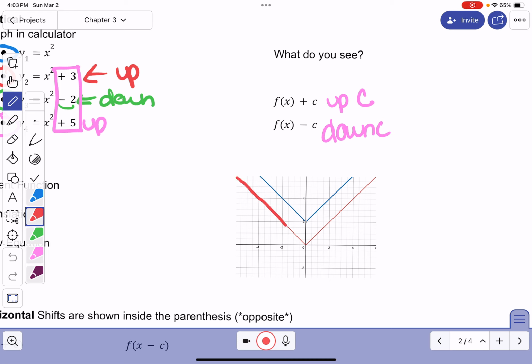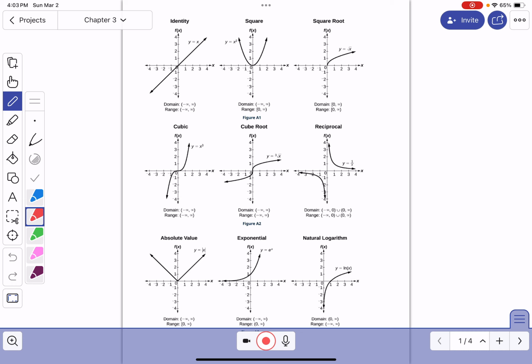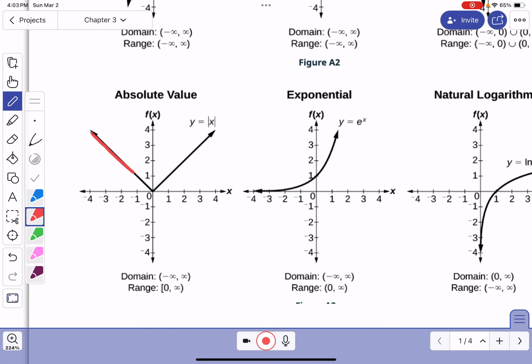So this function right here is our parent function for this graph. To figure out the parent function, if it's not one you recognize, you can go back and look at this sheet that I talked about in 3.1, and you're going to say, hey, that one is the V, so the parent function must be y equals absolute value of x.